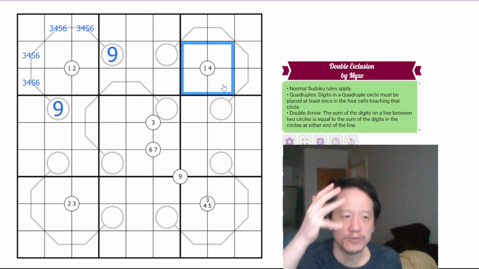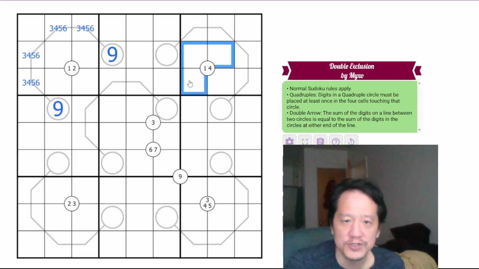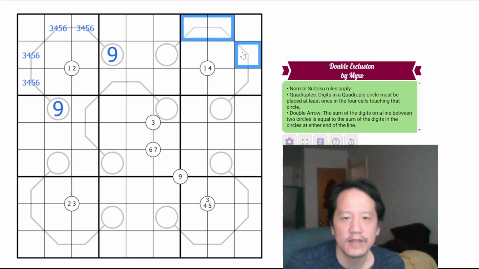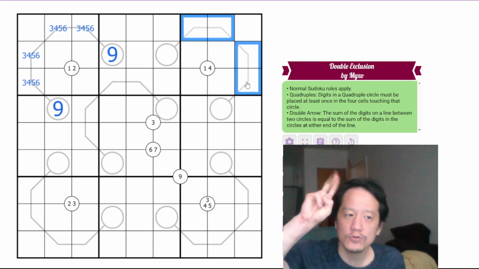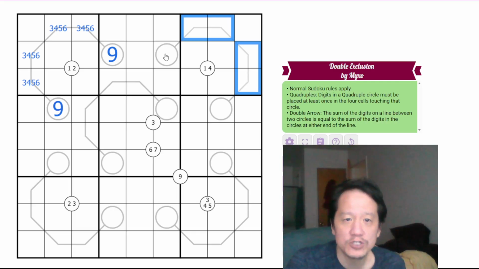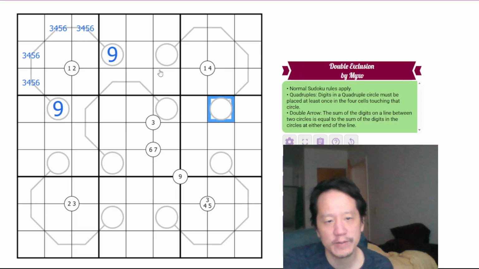That's the minimum you could have for 4 unique digits without a 1 and 4, because we have the same reasoning here: 1 and 4 have to be surrounding this quad cell. So there cannot be a 1 and 4 in the rest of the box, therefore not on the line. So the minimum would be 2, 3, 5, and 6. Well, that adds up to 16, which is the maximum these two circles can add up to. So the minimum here must equal the maximum here, therefore they must be the same amount.